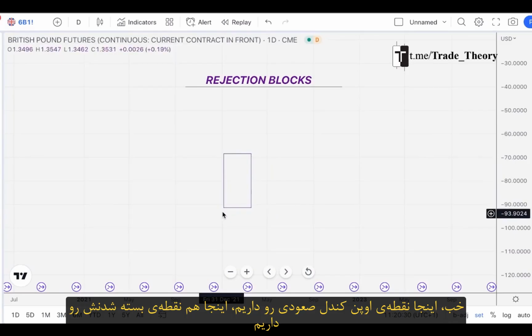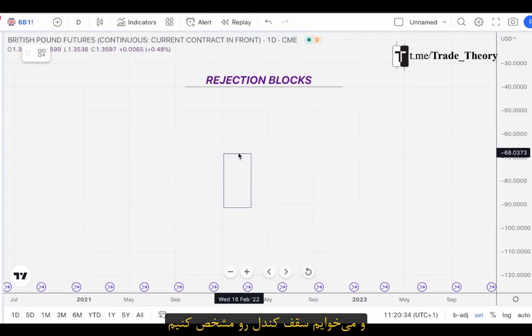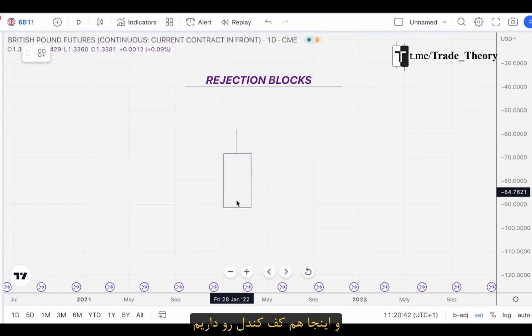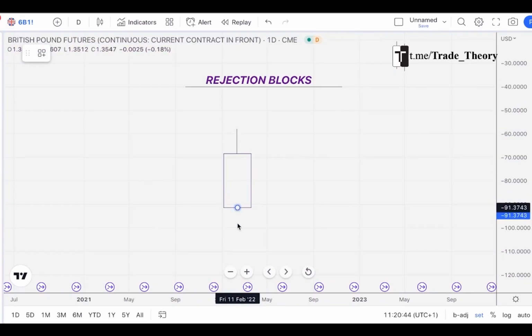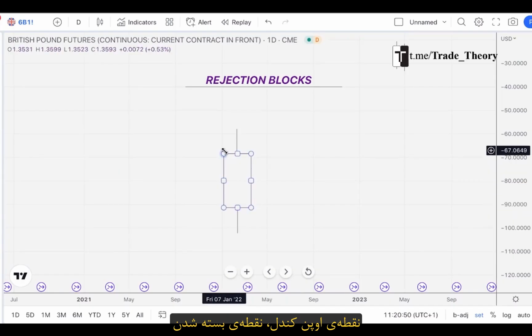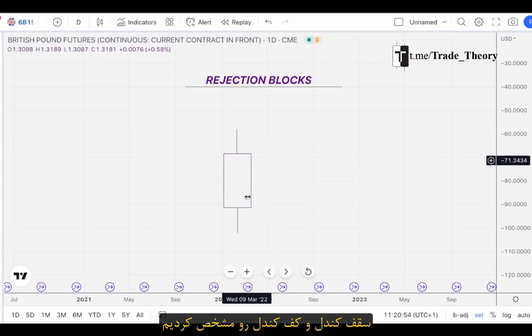You have the open of the bullish candle, the close, the high of the candlestick, and then the low of the candlestick.